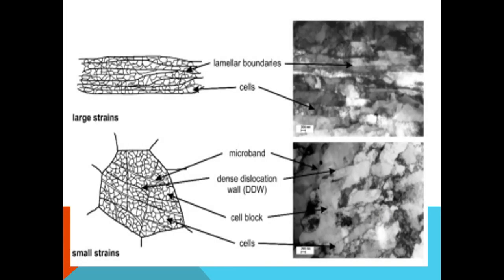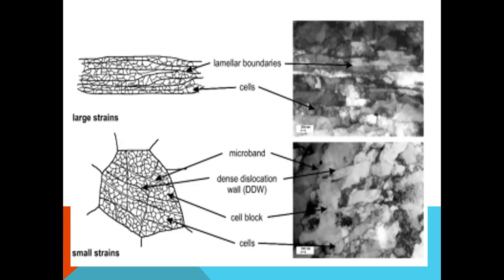There are large strains and small strains when materials are subjected to metalworking, such as rolling, extrusion, wire drawing, and deep drawing. In large strains, lamellar boundaries form, but in small strains, dense dislocation cell blocks, dense dislocation walls, and microbands form.